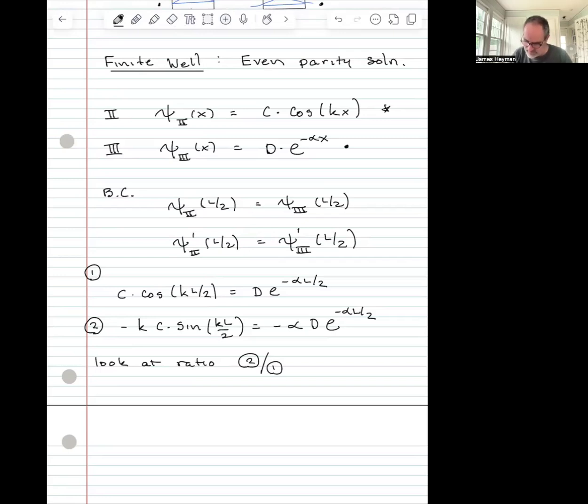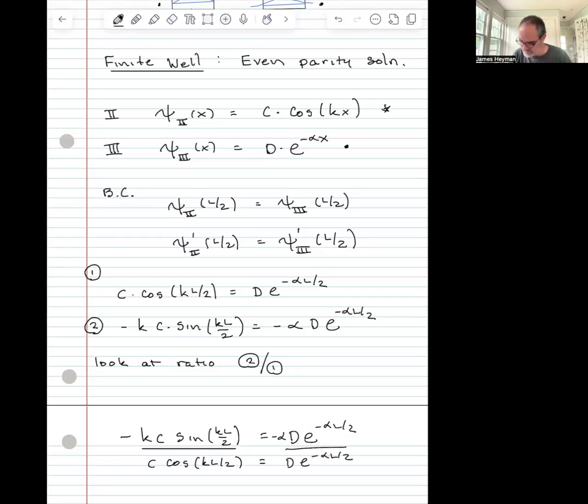In that case, we have minus kC sine kL/2 equals minus alpha D e to the minus alpha L/2, where I left out a minus alpha earlier, and we're dividing on both sides by the other equation: C times cosine kL/2 equals D e to the minus alpha L/2.